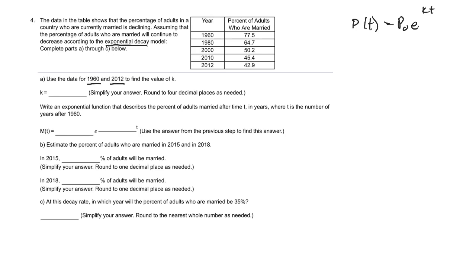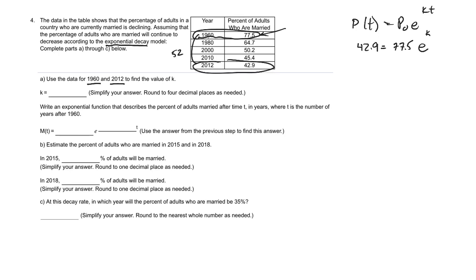This is where they'd start: in 1960 it was 77.5. So that's what I'm putting in for the starting number, and this is where it's going to end. After how many years? 52 years. So after 52 years it went down to 42.9.